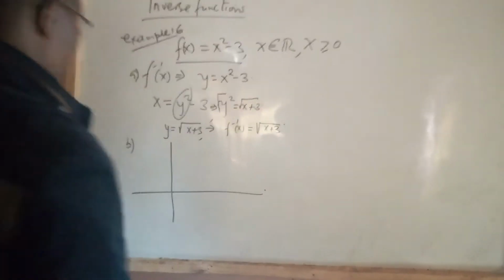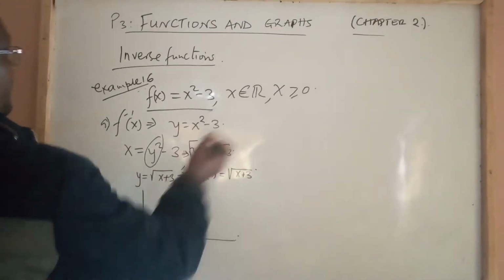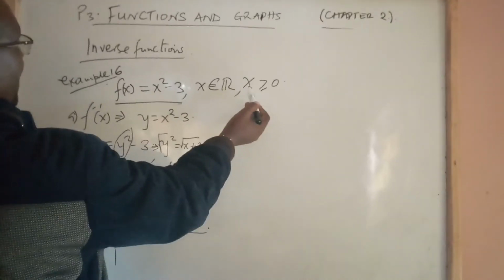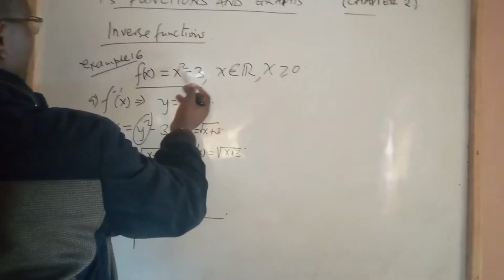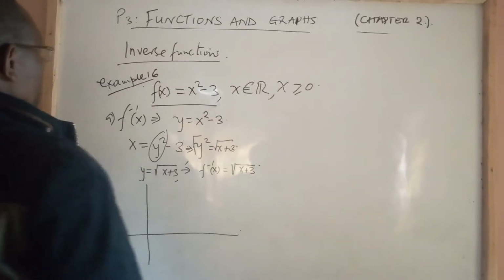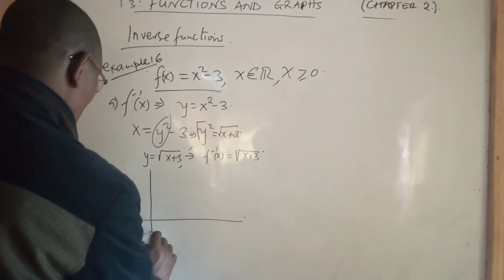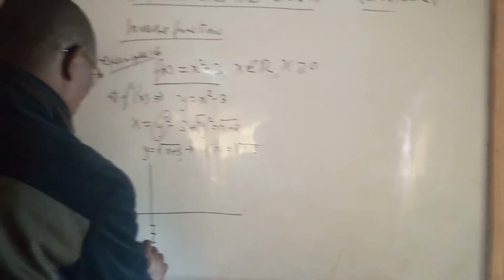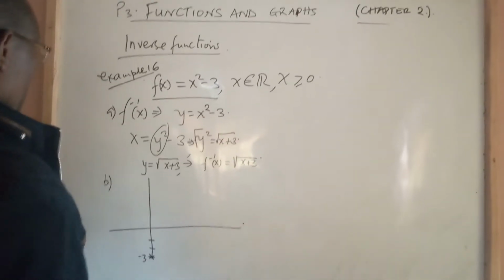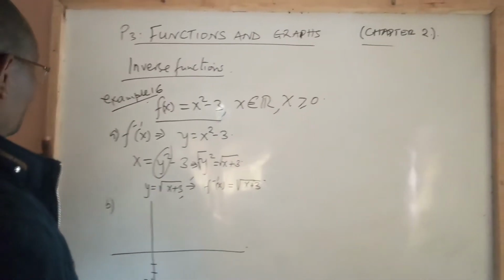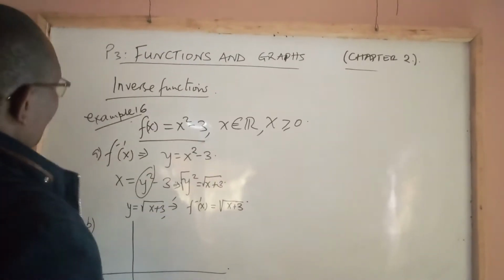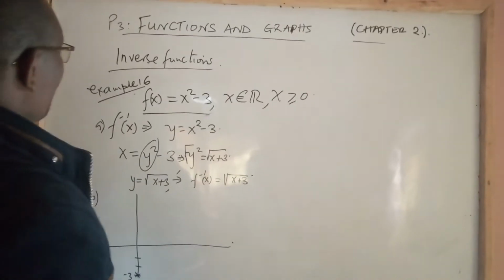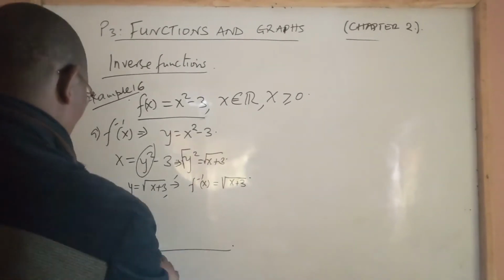this, let's say like that, let's take the first domain x being equal to 0. Substituting over here, we have 0 squared minus 3, so the very first value of y is minus 3. When x is 1, 1 squared is 1, minus 3 gives us minus 2.